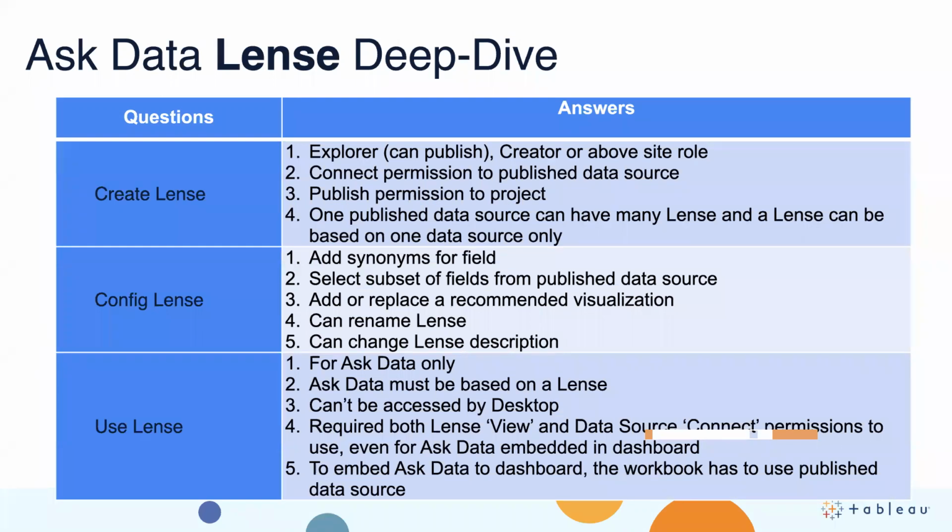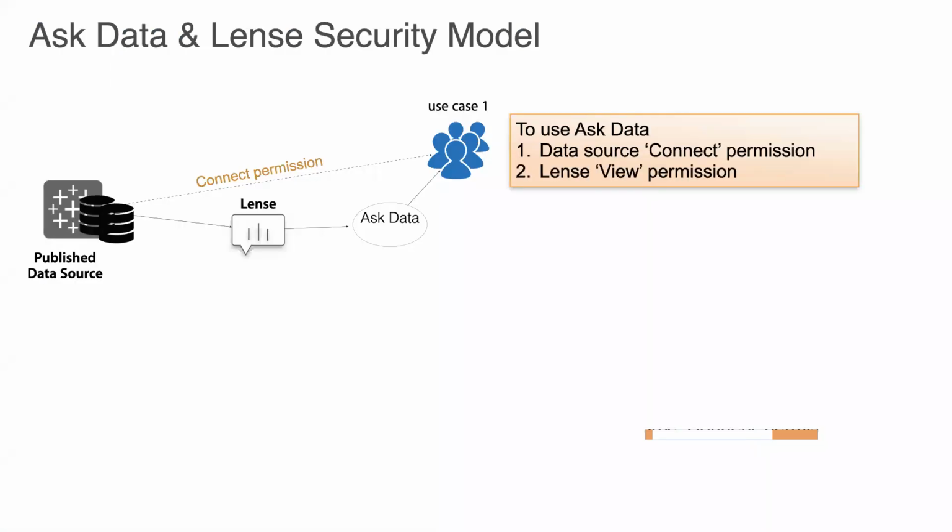Give you a summary. Now, I do want to dive into this a little bit more: the permission for the Lens. A simple use case one, where you just want people to use Ask Data. You have to use the Lens now.